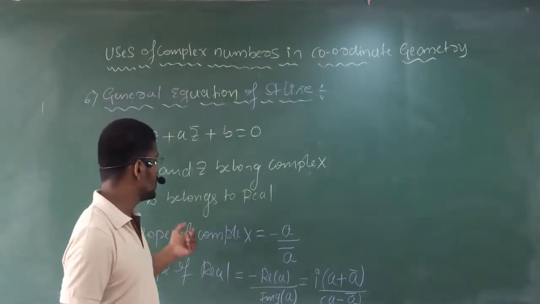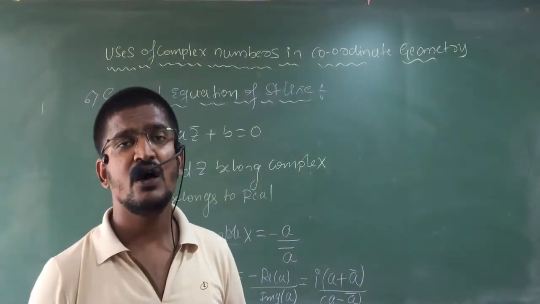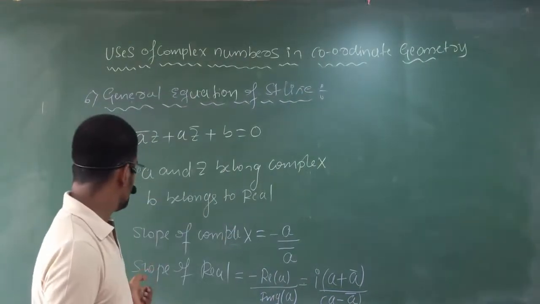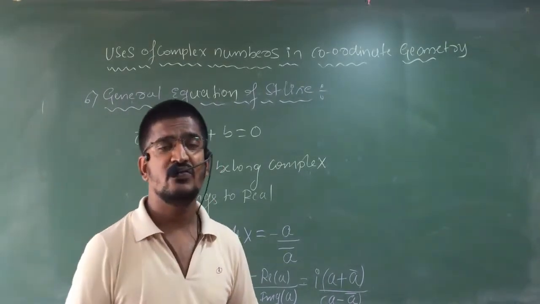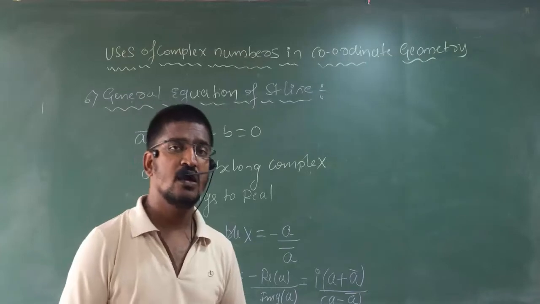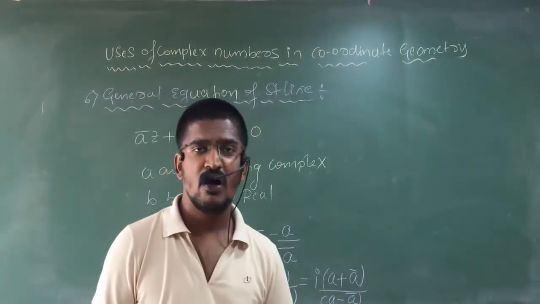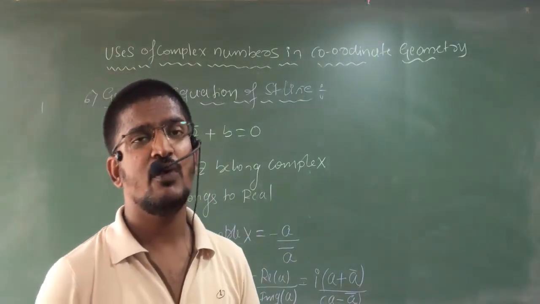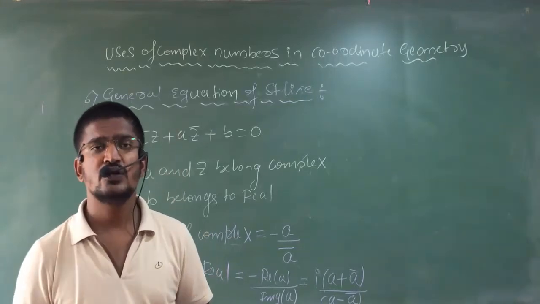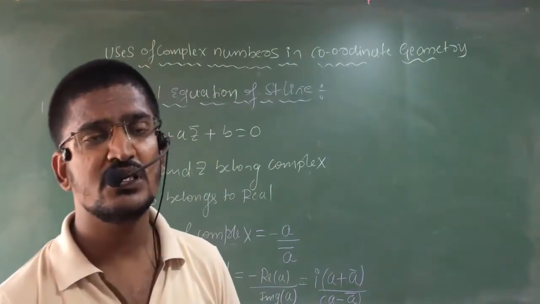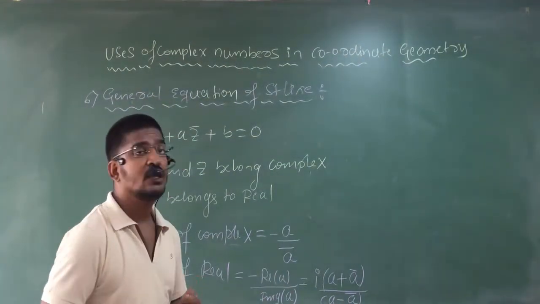The slope of the complex from the general is minus A divided by A bar, and the real slope will be minus of real part of A divided by imaginary part of A, or that is equal to i times (A plus A bar) divided by (A minus A bar). So please remember all these terms without neglecting, because these particular terms are going to be very important for your exams.